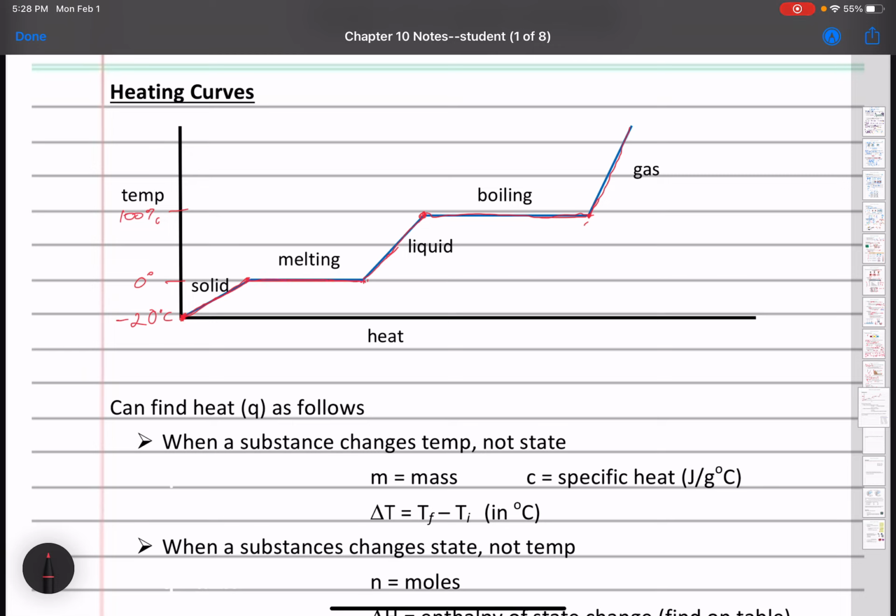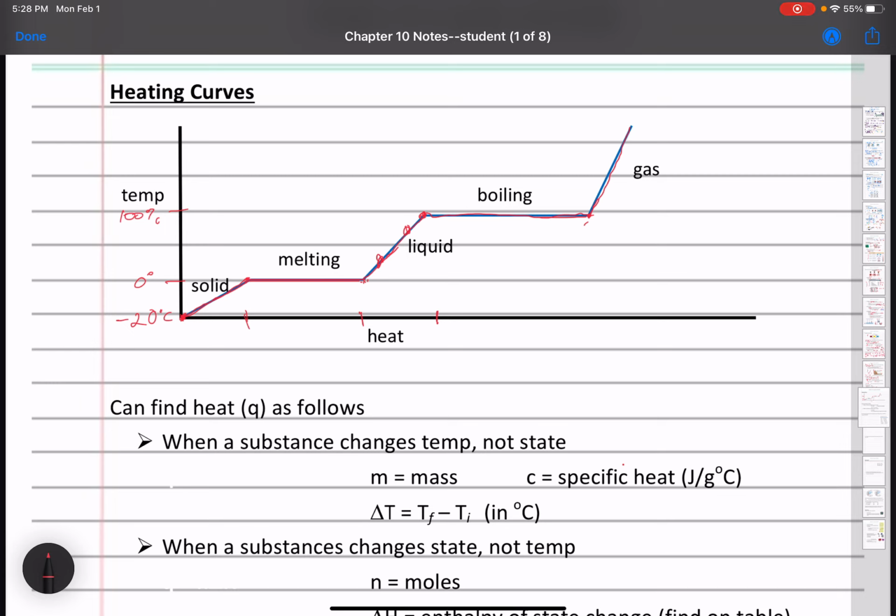If you have some amount of ice and it is melting, you could figure out how much heat is being absorbed by that ice in order to melt it. How much heat do you need to melt a block of ice of such and such size? And you can also figure out how much heat you need to add to make a liquid go from one temperature to another, so from here to here.